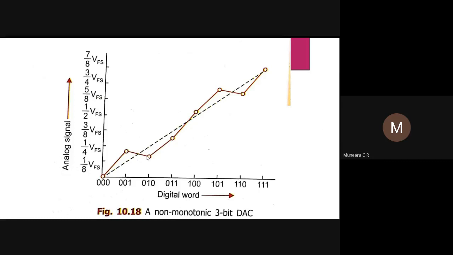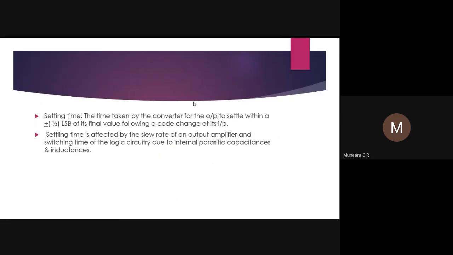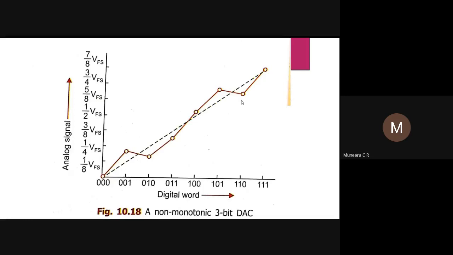This shows that this particular DAC is not monotonic. And here also there is a decrease, from 101 to 110, which shows that this DAC is not monotonic.